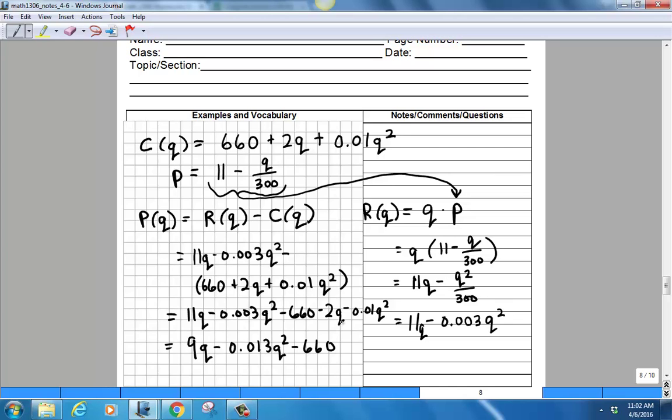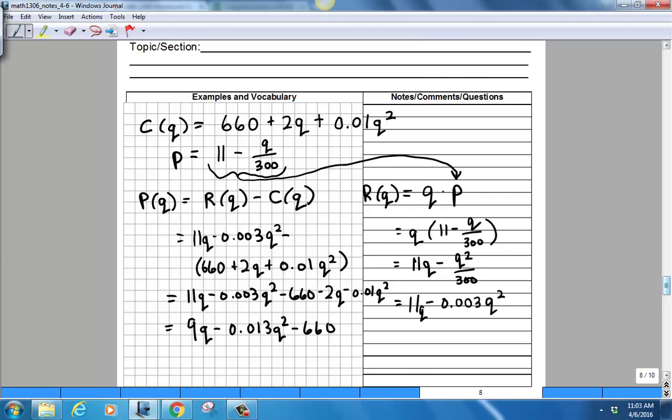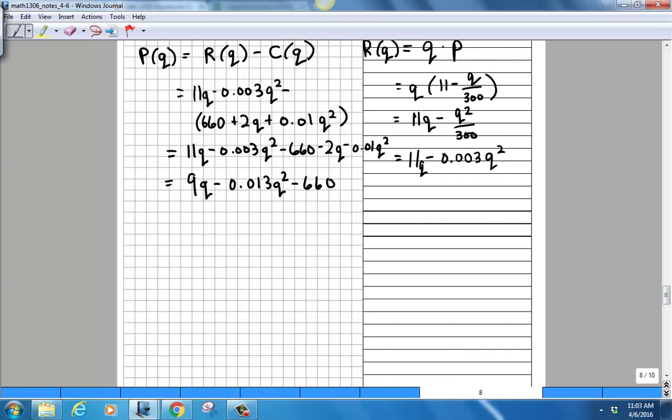So calculate your marginal profit and set that equal to 0. Remember, marginal profit means rate of change of profit. So we want to find where the rate of change of the profit is 0, because that's where our profit function is going to have a horizontal tangent line.